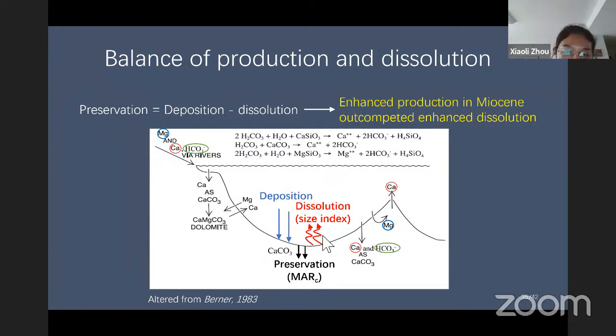So far we observe a higher MAR in the mid-Miocene, and also stronger dissolution in the Miocene. So if we put these two together, the deposition or the production of calcium carbonate must have been higher in the mid-Miocene and lower toward the Pleistocene. That means the higher production in the Miocene outcompeted the stronger dissolution at that time.